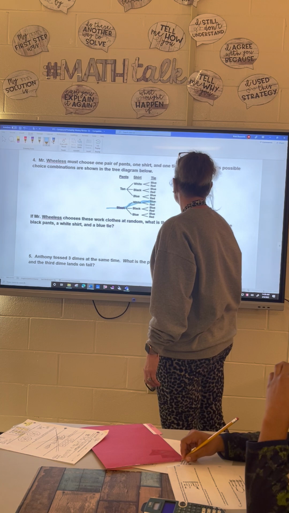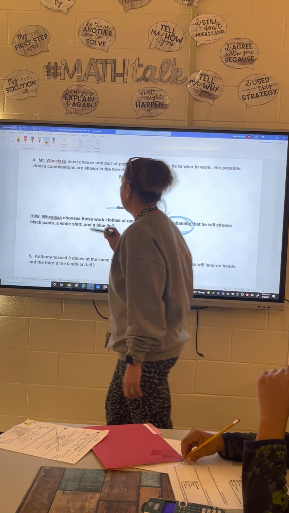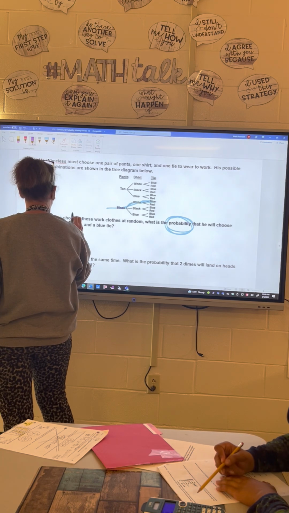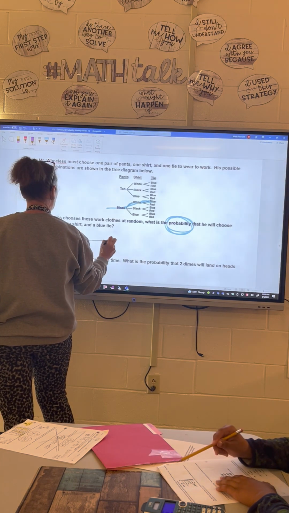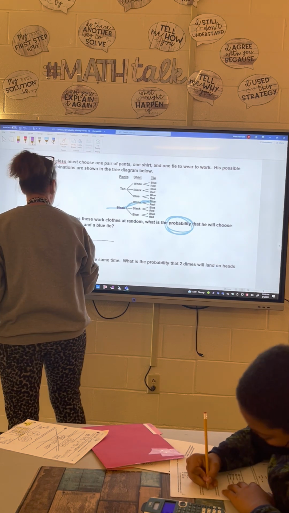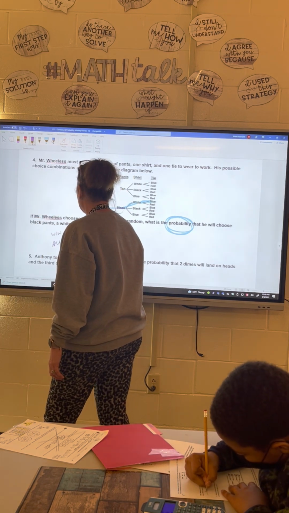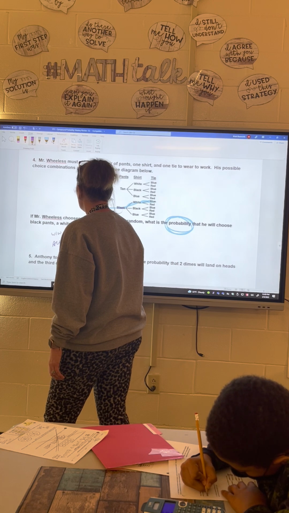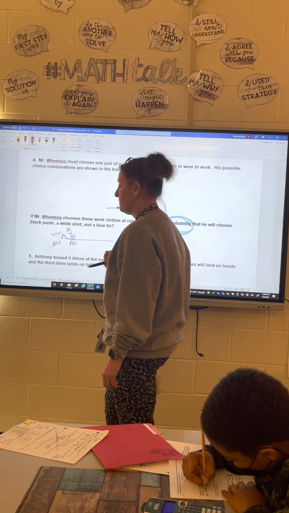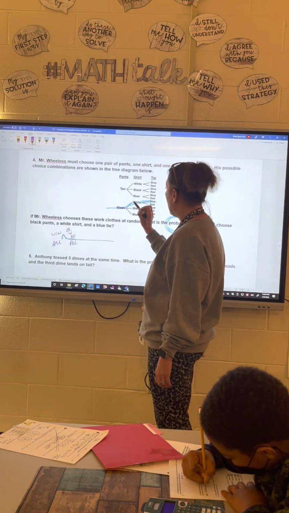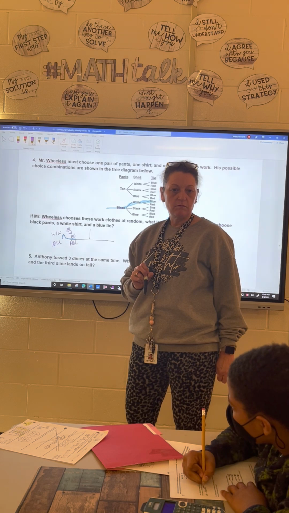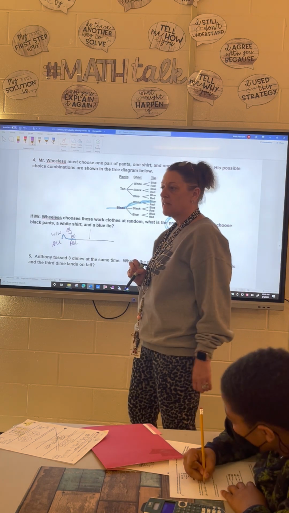It's asking us for probability, which means we've got to do this as what I want over all I have. What do I want? I want black, white, and blue out of all the combinations. Right? I have 1 black, white, and blue combination. Right?